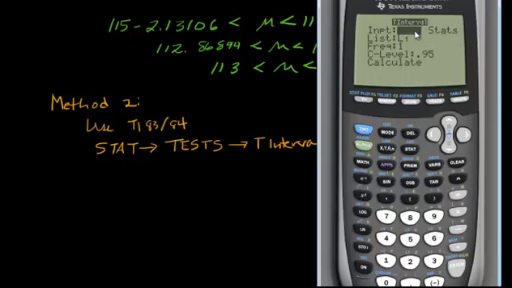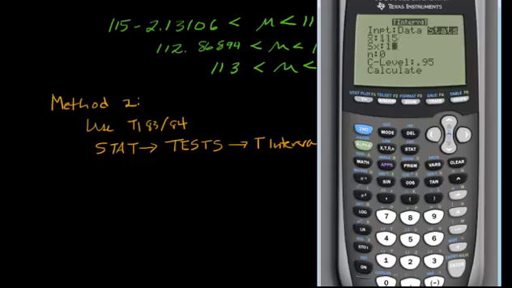If I had the raw data in a list in my calculator, then I would highlight data, but I don't. All I have are the statistics: the sample mean and the sample standard deviation. So I'll select stats, and notice that the list went away. Mean is 115.